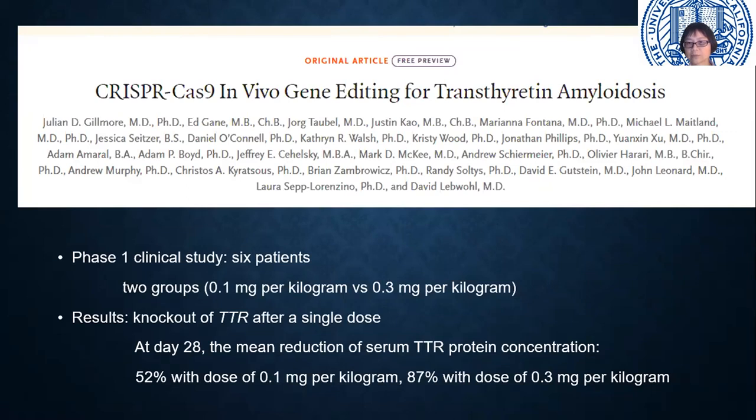and there were two groups of patients. 6 patients received the treatment with this strong gene editing tool. The patients had the abnormal protein knocked down, and the concentration of the abnormal protein production significantly decreased after just a single dose of the treatment.